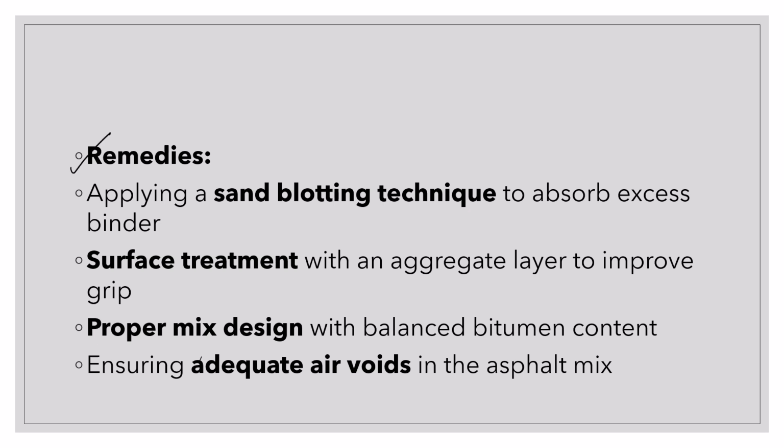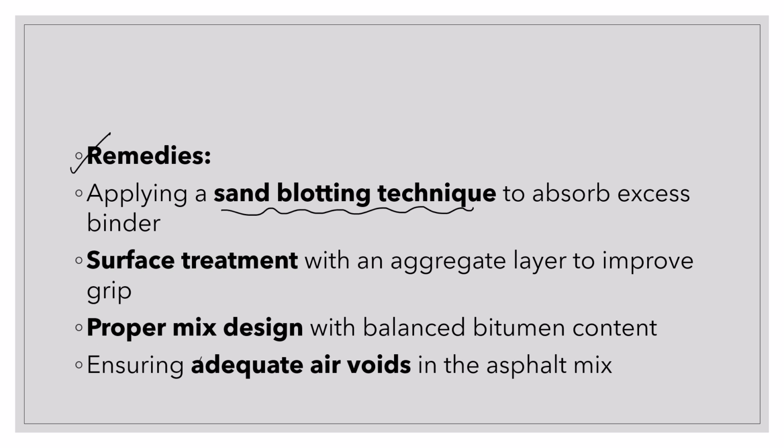The remedies for bleeding are, one, applying the sand blotting technique. Sand blotting is nothing but a sand absorption technique. In this technique, we apply sand on the surface, and the sand absorbs excess bitumen and improves the bonding. It is a reliable, relatively simple and effective method.